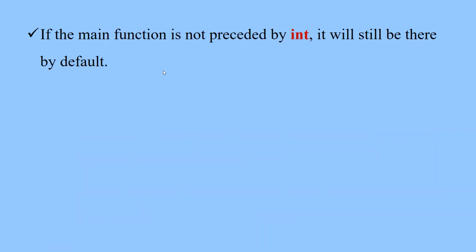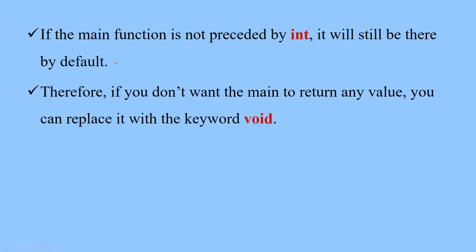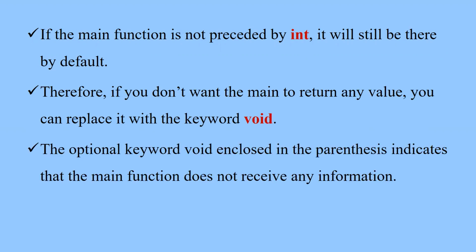But it is always good manners in C programming to include it. Therefore, if you don't want main to return any value, you can replace int with the keyword void.